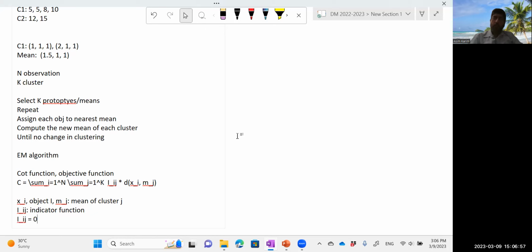So this is equal to 0 if object i is not in cluster j, ठीक है. And 1 otherwise. Of course you can write it in the other form as well. It is 1 if object i is in cluster j, otherwise it is 0.